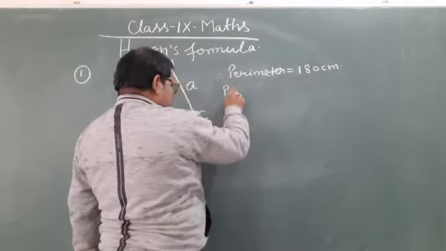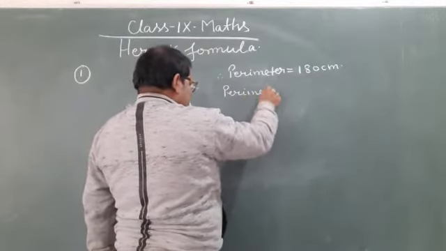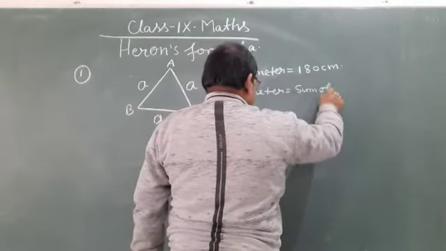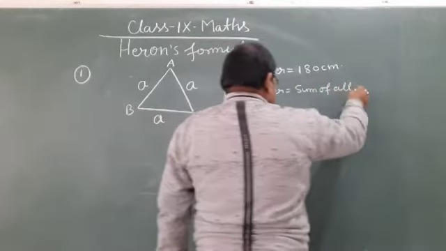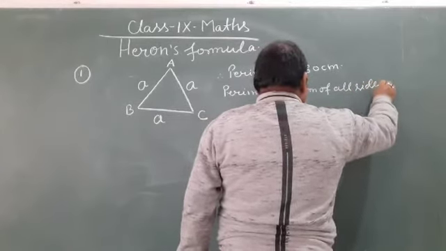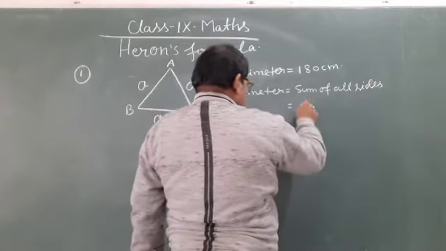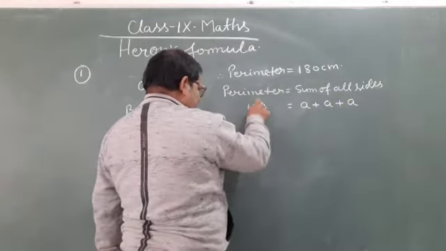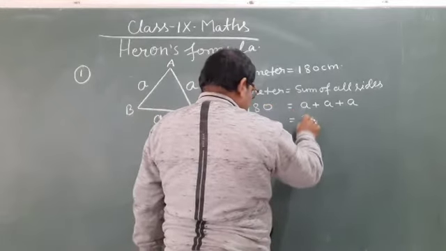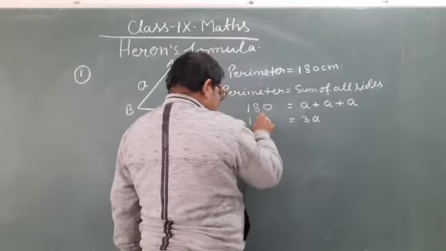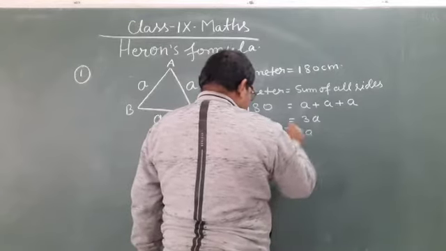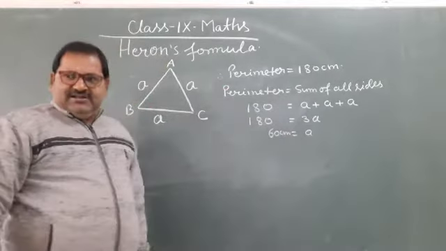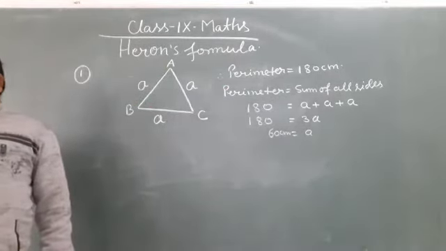Then perimeter equal to sum of all sides, a plus a plus a is 180, that's equal to 3a equal 180, and a equal to 60 centimeter. 60 centimeter is the side of the triangle.